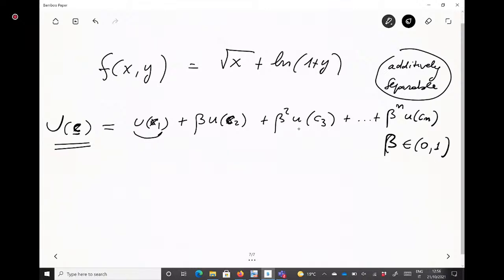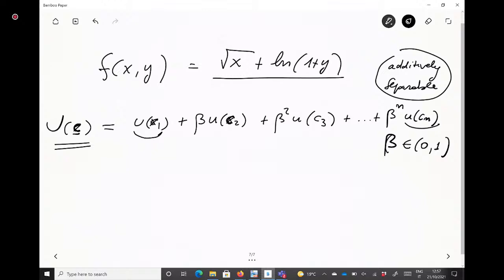So the farther in the future the time period is, the more the discounting. This is an example of an additively separable function in which we have the sum of different concave functions of n different variables. This is a basic example, okay?